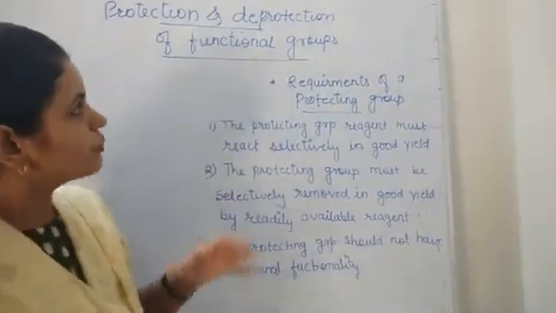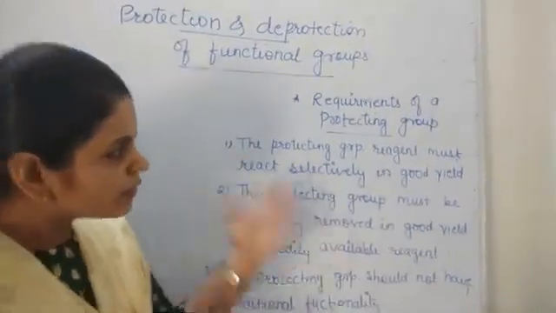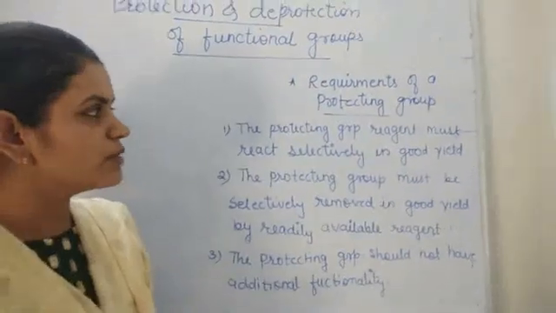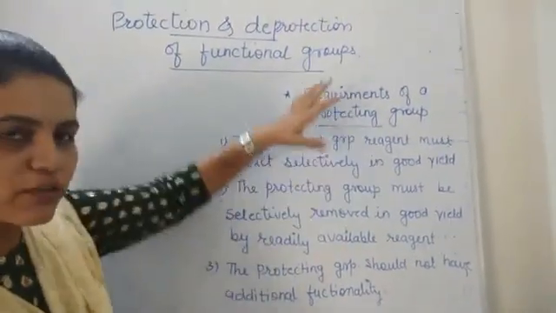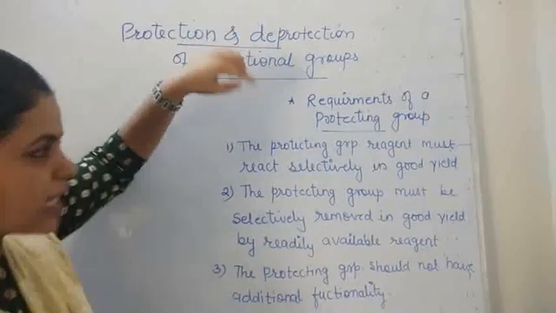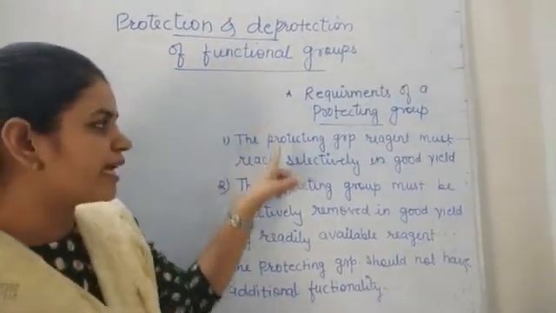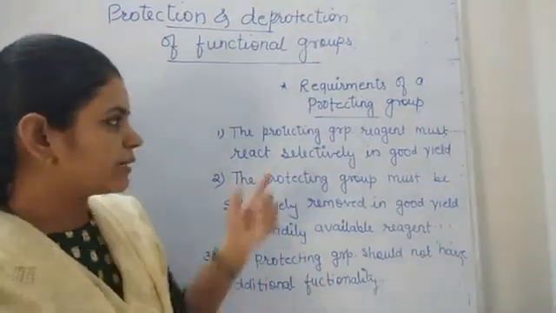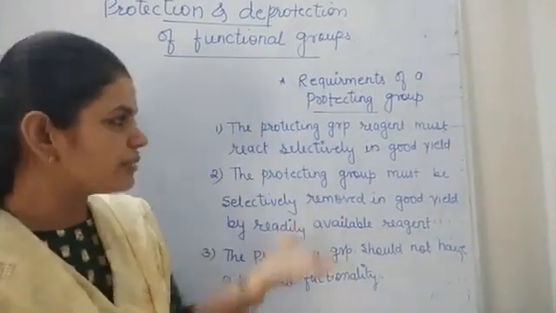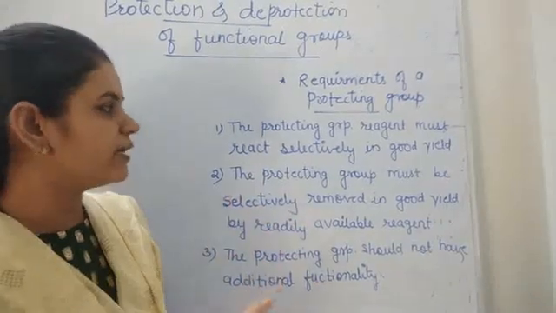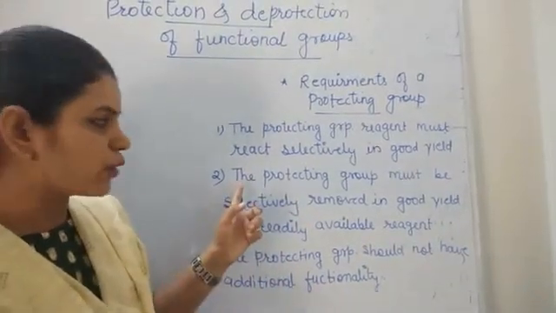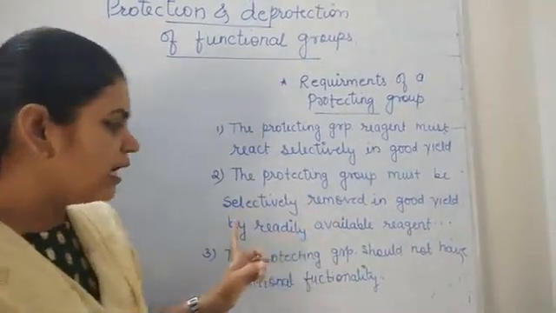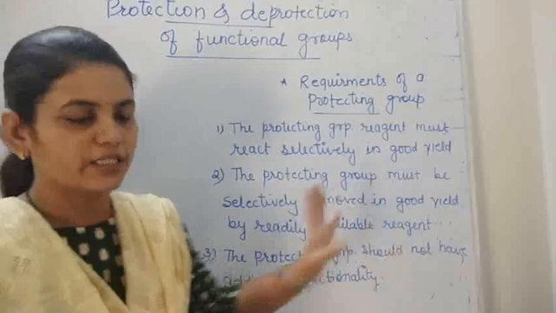And for protecting different functional groups, there are different methods we use. There are also some requirements of these protecting groups. The protecting group reagent must react selectively with the ingredient, and the protecting group must be selectively removed with a readily available reagent.